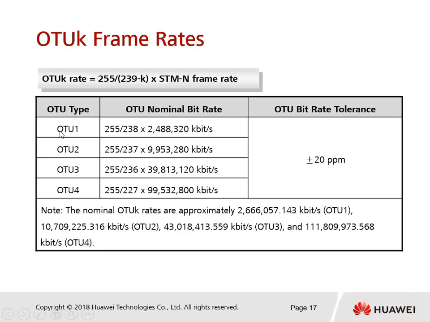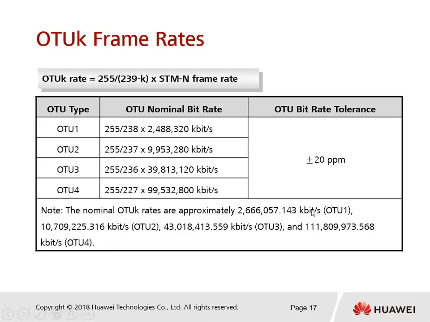And here we show you the frame rates for the different OTUk signals. Normally we say for the OTU1, the capacity is 2.5G, OTU2 is 10G, OTU3 is 40G, OTU4 is 100G, but that is not accurate. So the accurate nominal rates are provided here. For the OTU1, the rate is 266,057.143 kilobits per second.